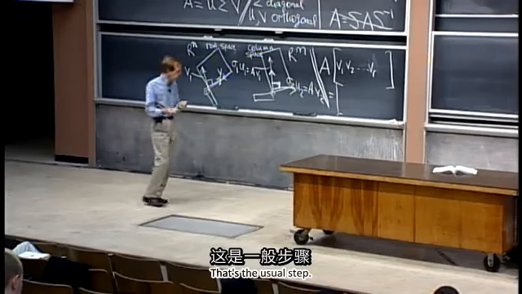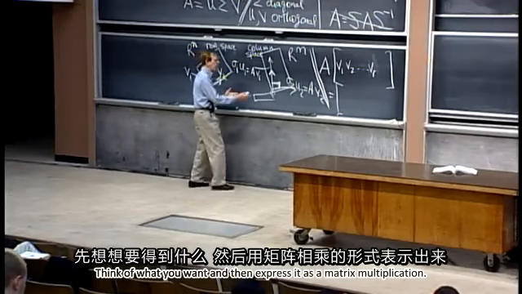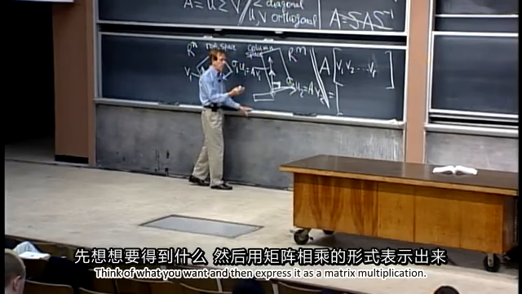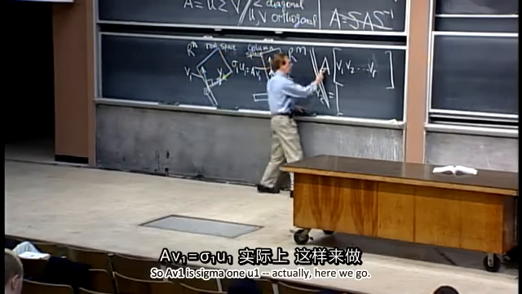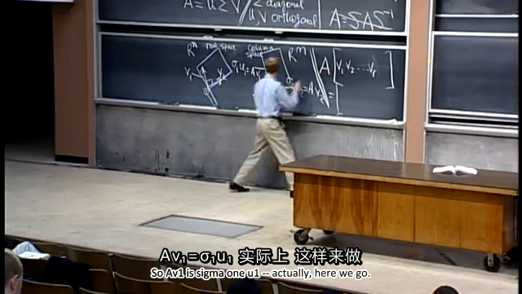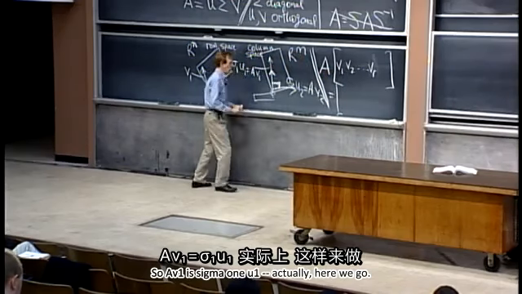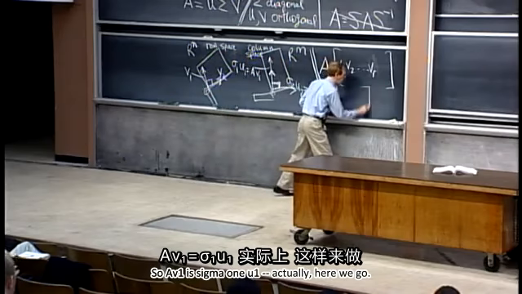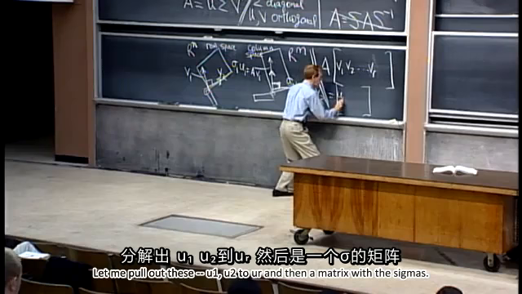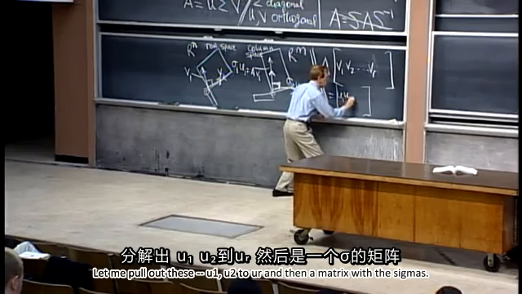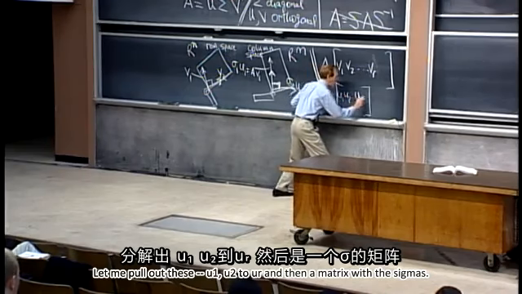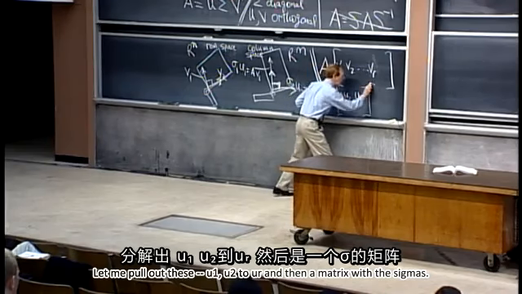That's the usual step. Think of what you want, and then express it as a matrix multiplication. So AV1 is sigma 1 U1. Actually, here we go. Let me pull out these U1, U2 to UR, and then a matrix with the sigmas.